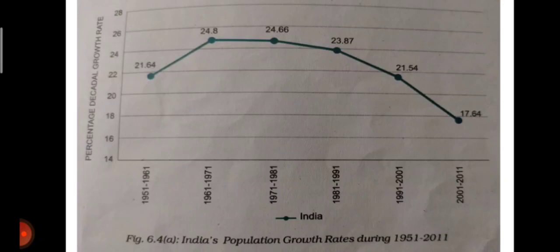This is a curve diagram through which the population growth rate is shown during 1951 to 2011.